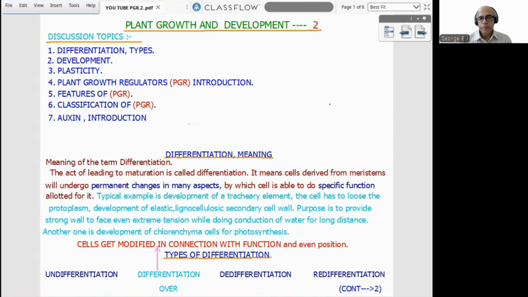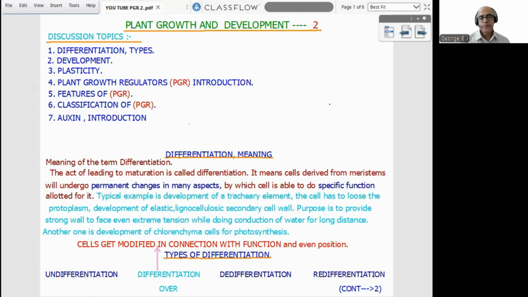More expanded form, it means cells derived from meristems will undergo permanent changes in many aspects by which the respective cell is able to do the specific function allotted for it.